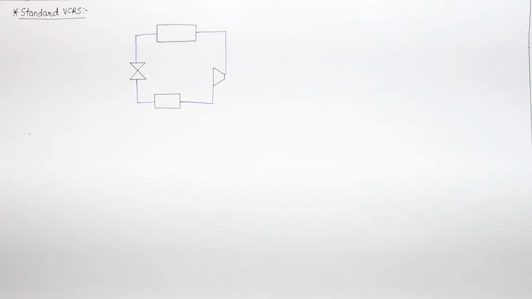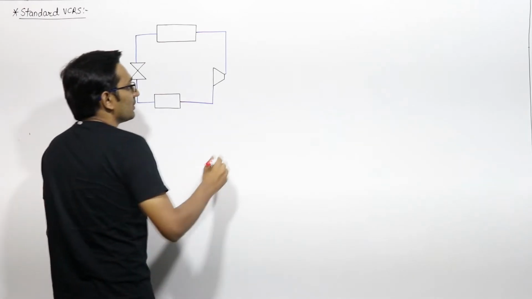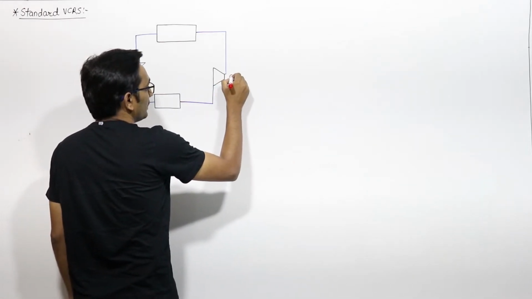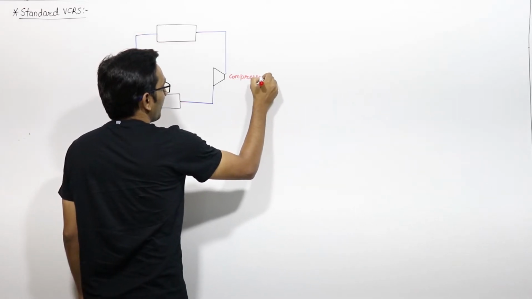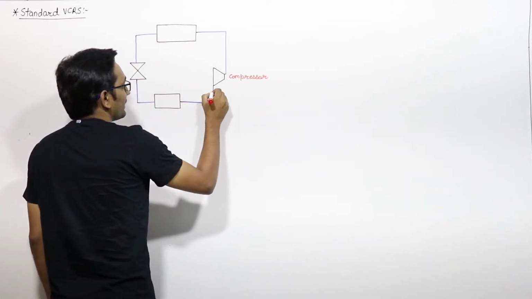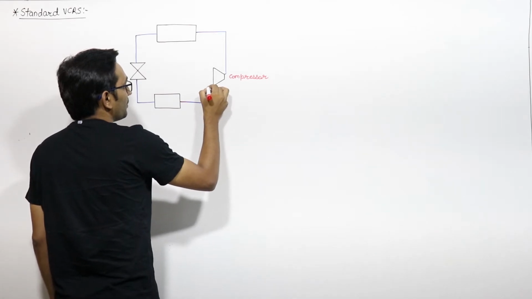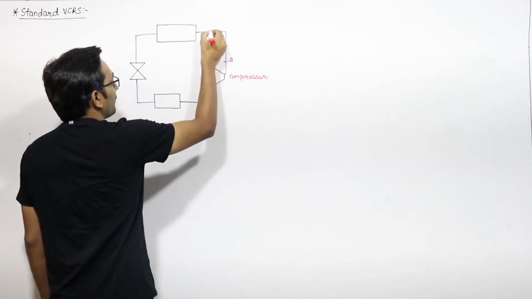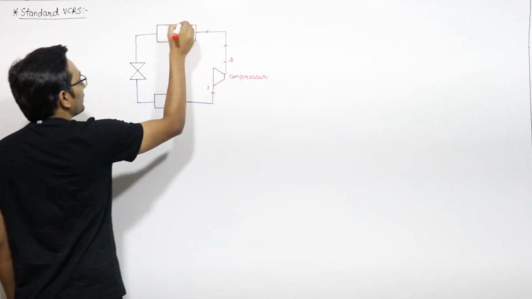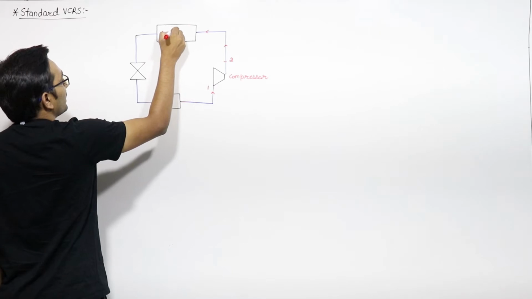Suppose this is the line diagram of the standard vapor compression refrigeration system. This is the compressor. Let us say the inlet of the compressor is point 1 and the outlet is point 2. After the compressor, the refrigerant will go to the condenser.